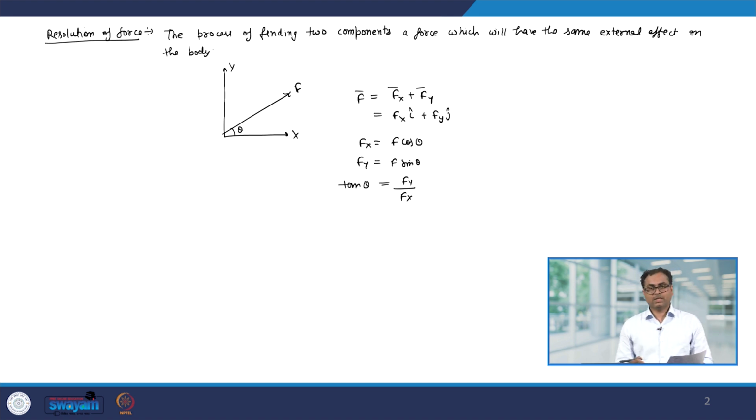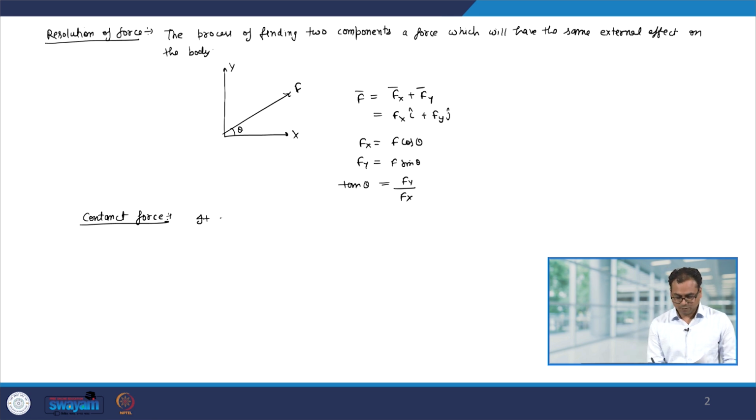Now, we will see that the body will be experiencing different kinds of forces. So, let us very quickly discuss the definitions of contact force and body force. Let us first discuss what a contact force is. A contact force is produced by direct physical contact.